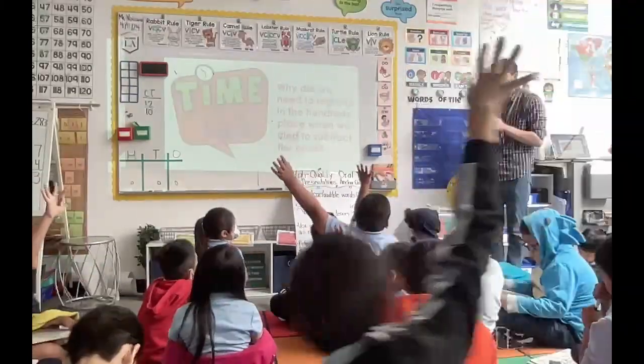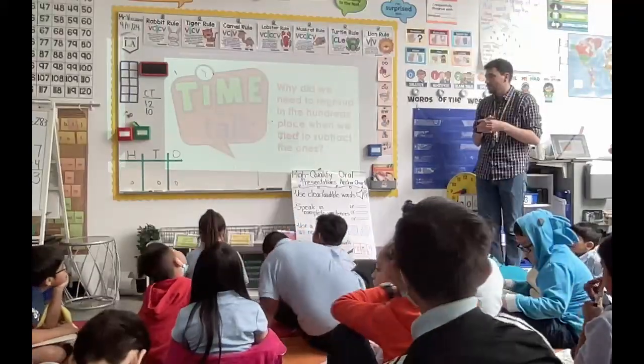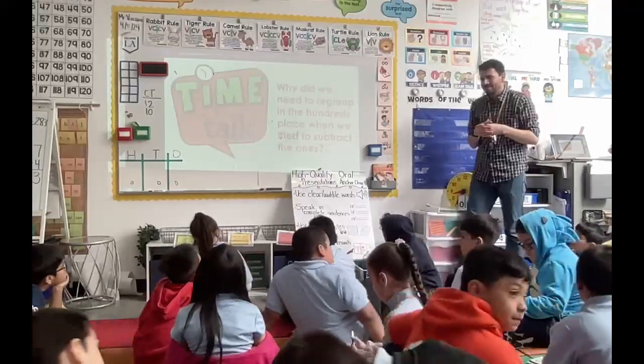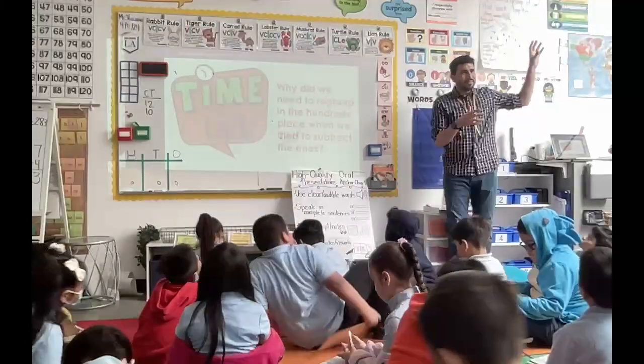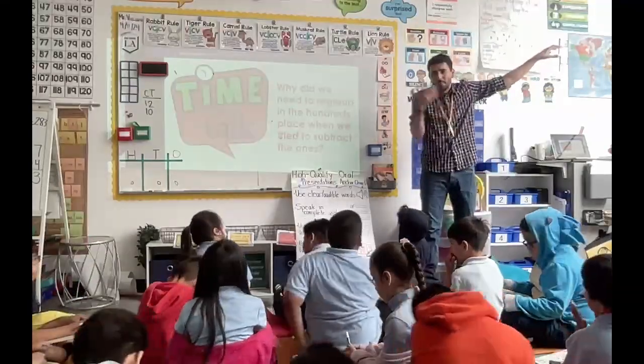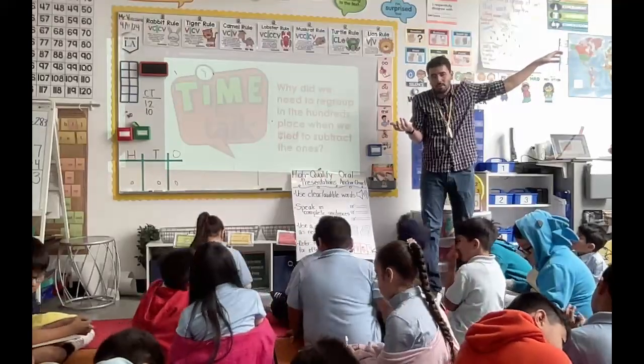Nice and loud. Go for it, Delaney. Why do we need to regroup in the hundreds place when we try to subtract the ones? So, why are we going all the way to the hundreds place if we want to regroup in the ones? Why are we doing that for these problems?